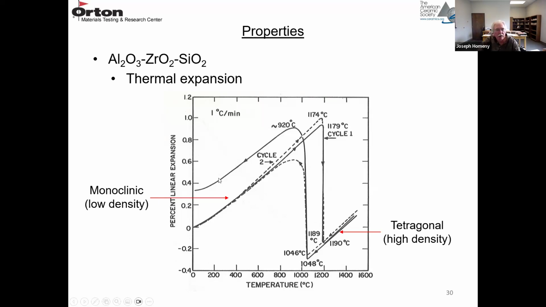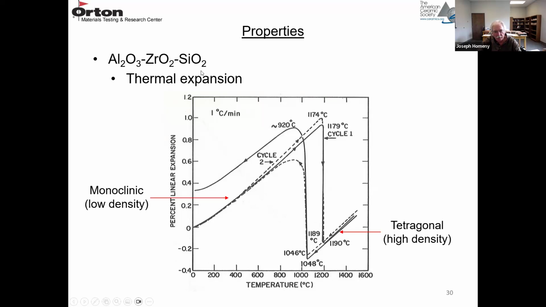So the glassy phase in an AZS refractory cushions this tetragonal to monoclinic transformation. And when we talked about zirconia-based refractories, we were adding a stabilizer like CaO or Y2O3 to put it all in the cubic phase to make a useful refractory.